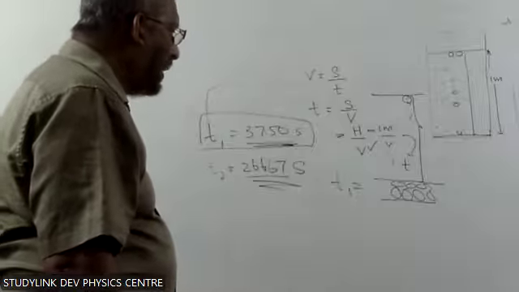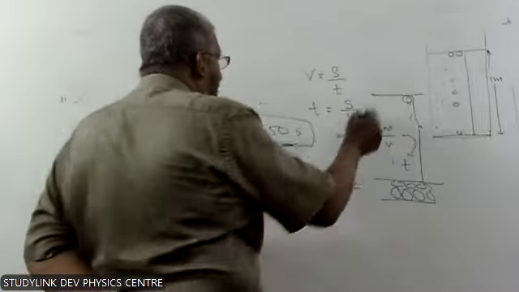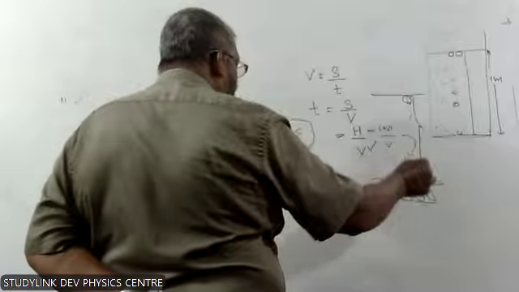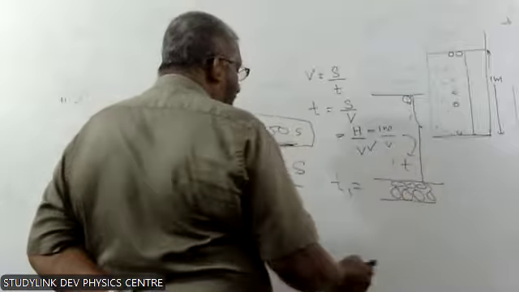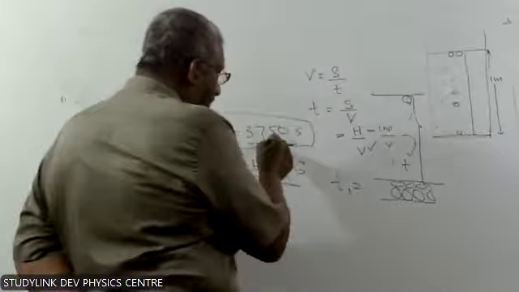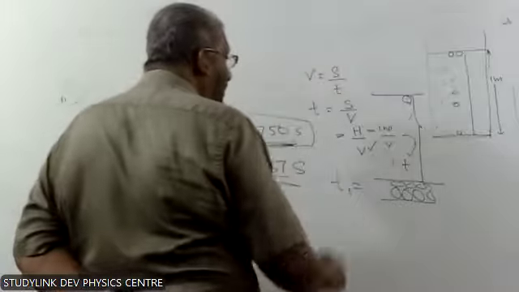Then we can calculate this height, which is known. Then we can calculate this height, and the time taken is known for this. Then after that, get the ratio.